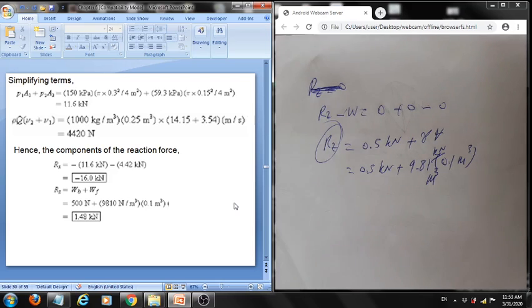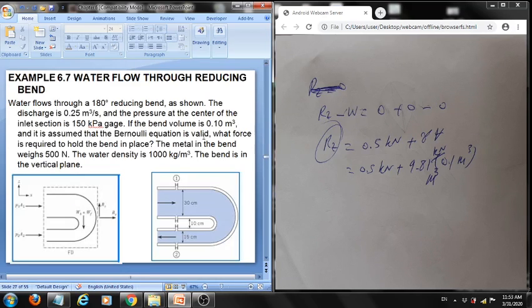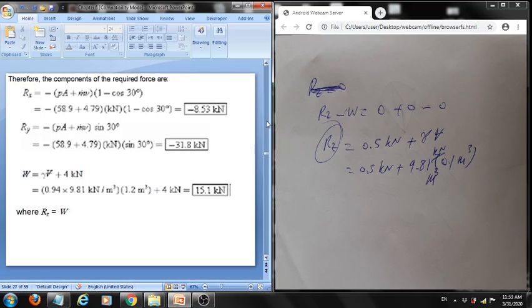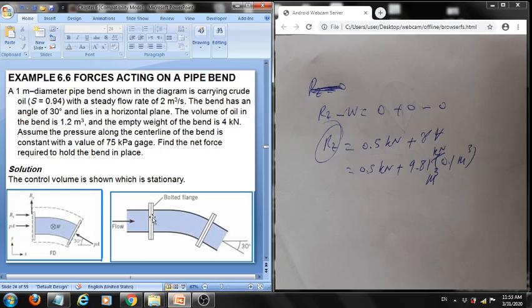Guys, when I was doing this problem, I recognized that I unintentionally called the fluid here water, which is not the case. It's crude oil, and we're given the specific gravity being 0.94.